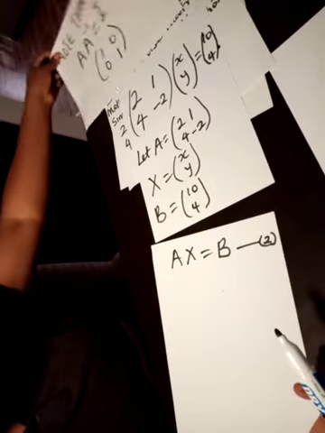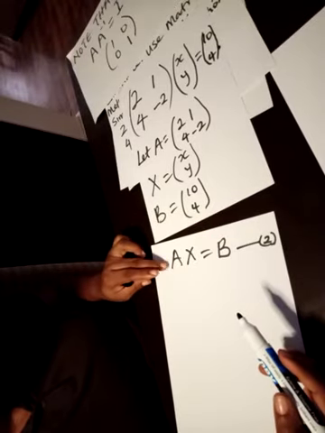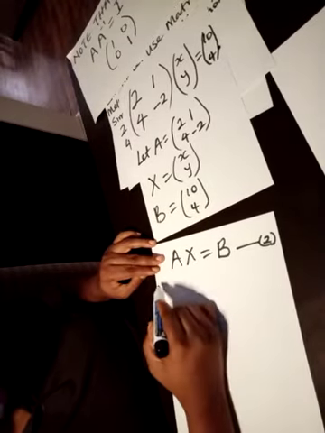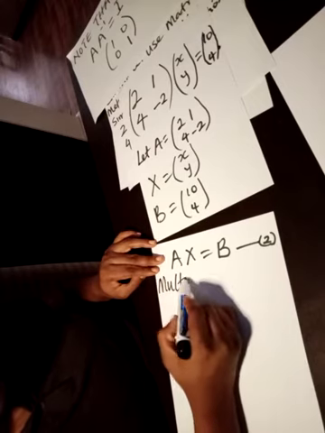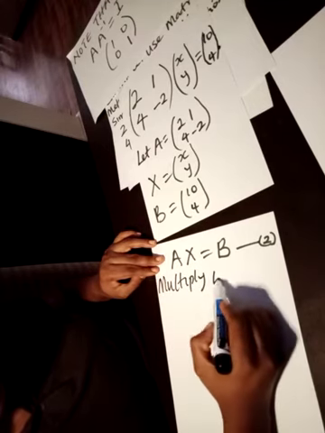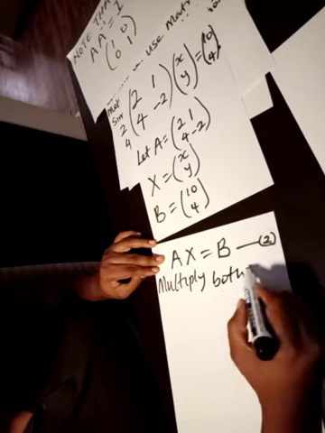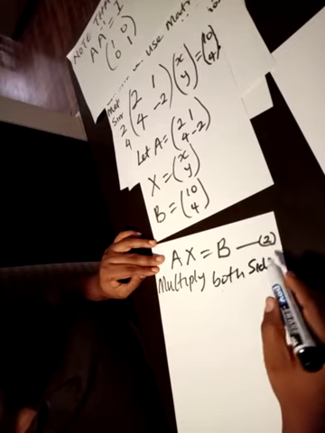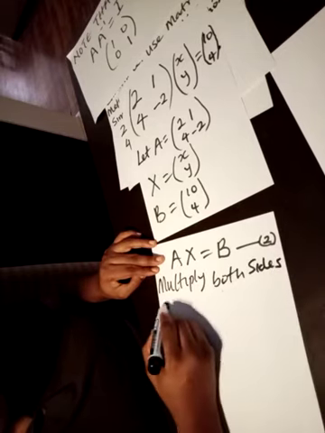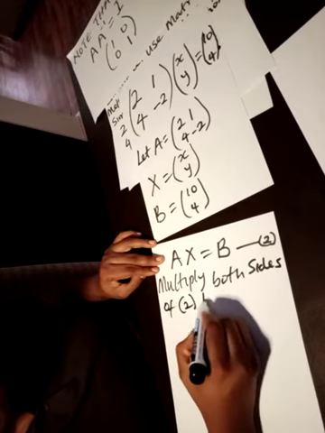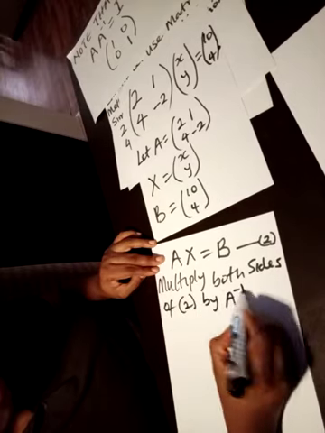So what I will do is multiply both sides of equation 2 by A inverse.